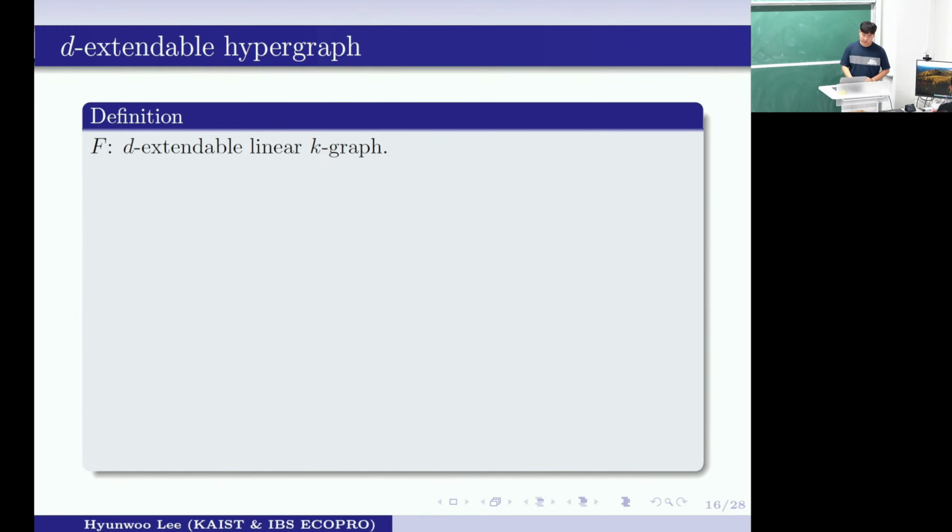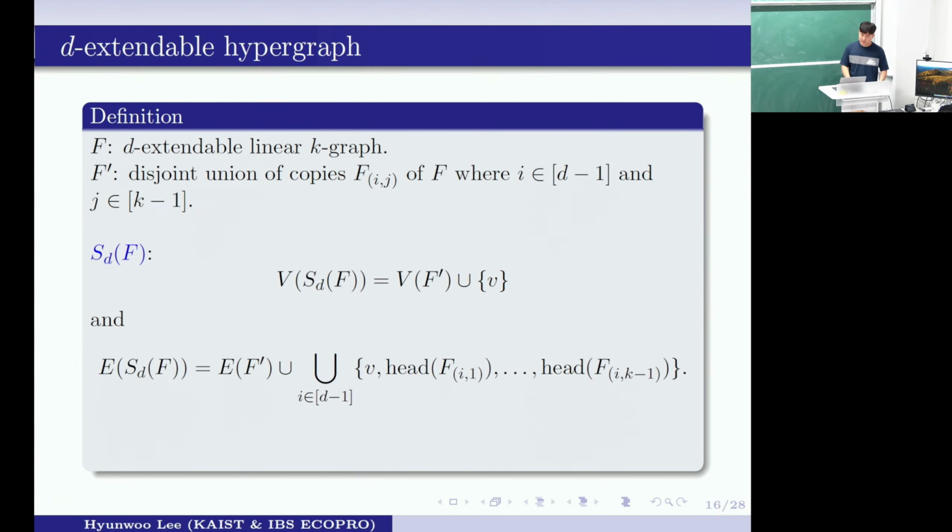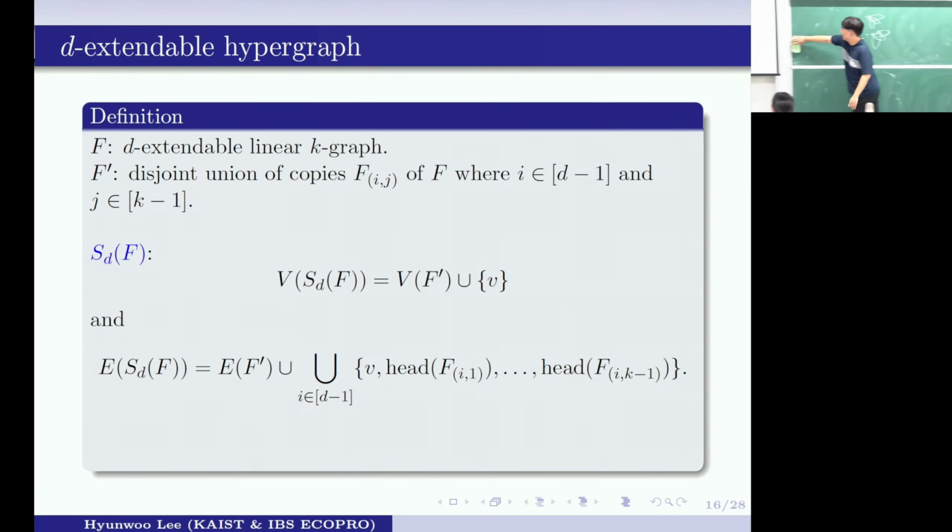So we start with F, which is a D-extendable linear K-graph, and we define an operation which I call S_D. I will just draw the definition. Basically it is like this.